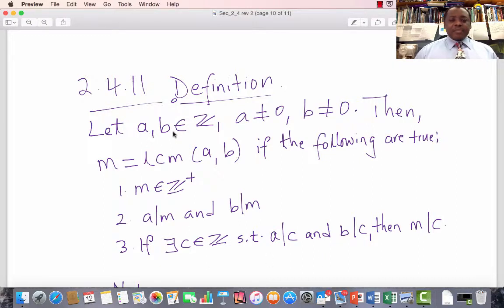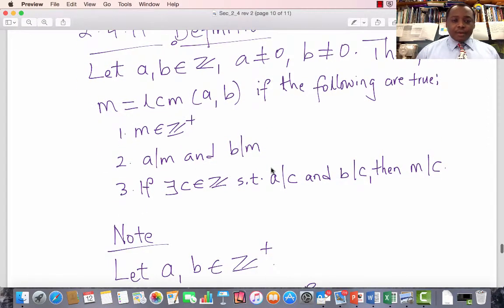Let a and b be integers where a is different from 0 and b is different from 0. Then we say that the integer m is the LCM of a and b, that is the least common multiple, if the following hold. Number 1, m is an element in Z+.